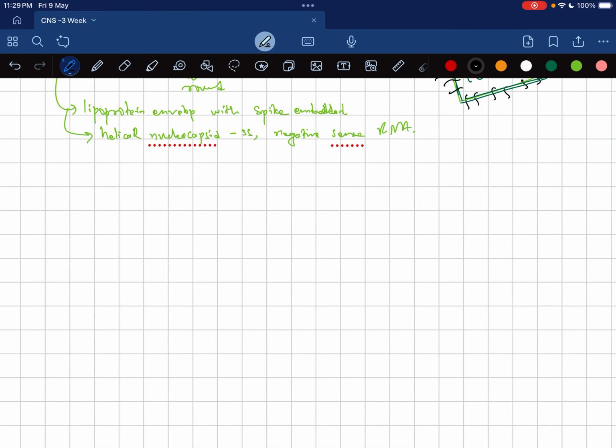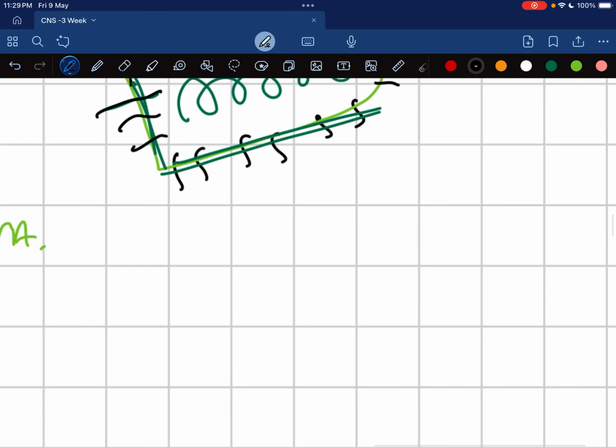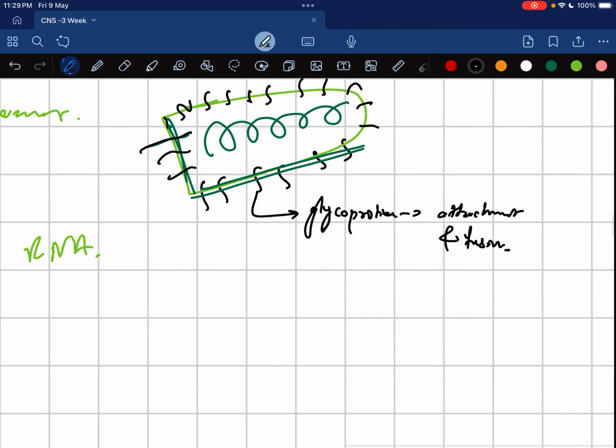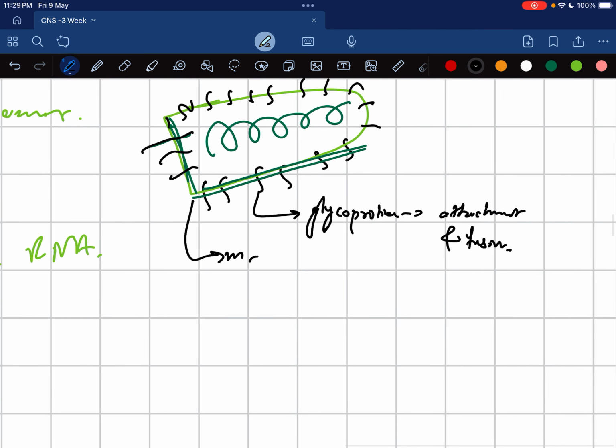So moving on, glycoprotein helps in attachment and fusion. M protein is the major structural protein.